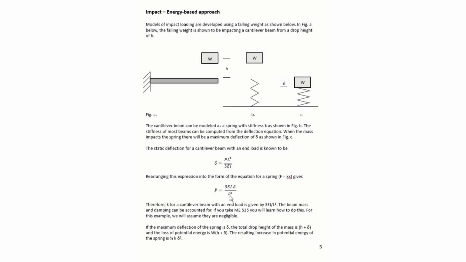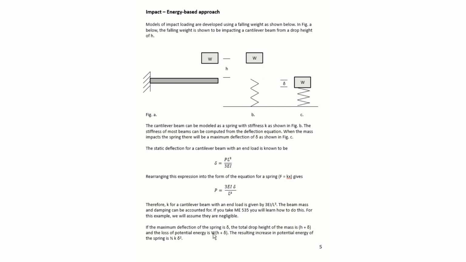Now we want to look at the energy in this system. If the maximum deflection of the spring is delta, and the total drop height of the mass is h, then this weight W falls a total distance of h plus delta. The loss of potential energy would be the mgh type of term, where the height would be h plus delta.